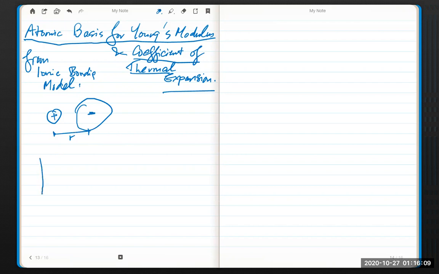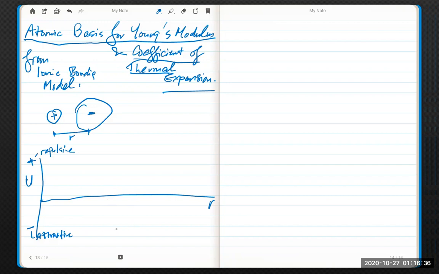And if you think about the energy, the potential energy U versus R. Let's define positive as being repulsive, and negative as being attractive. Then you'll see two components of this energy separation curve.